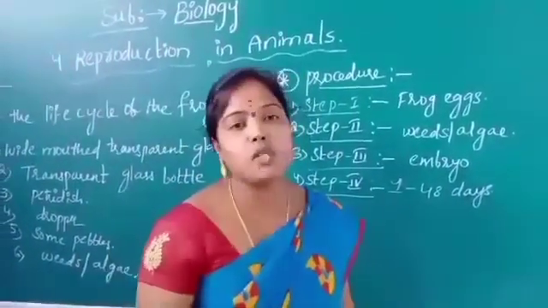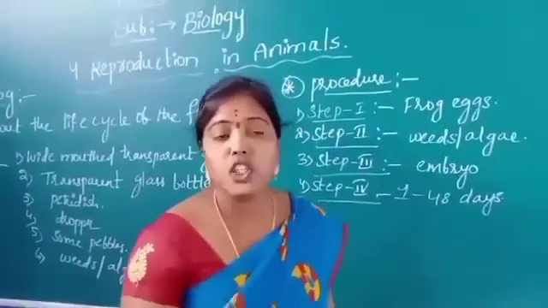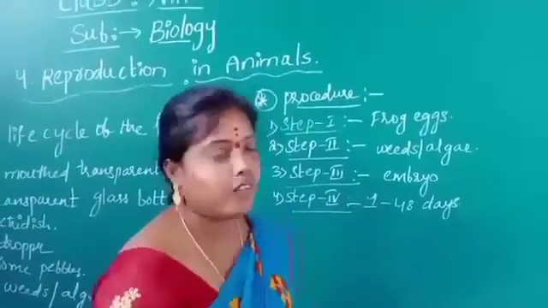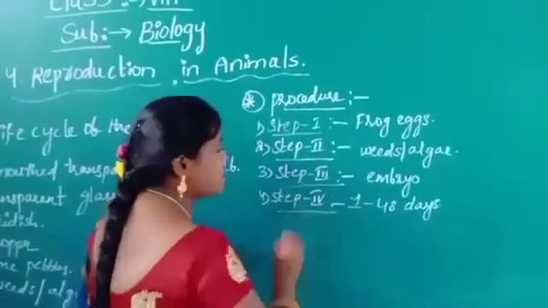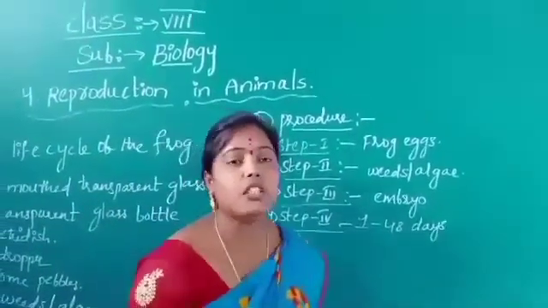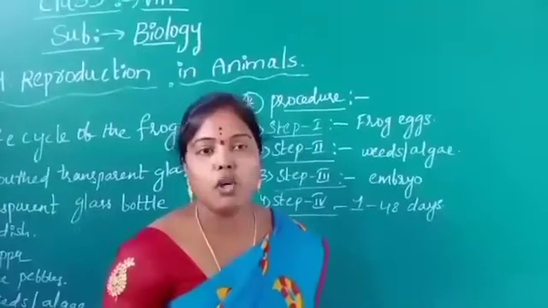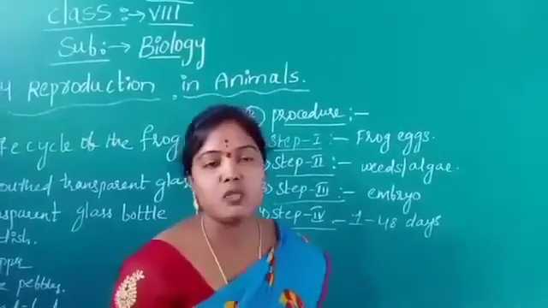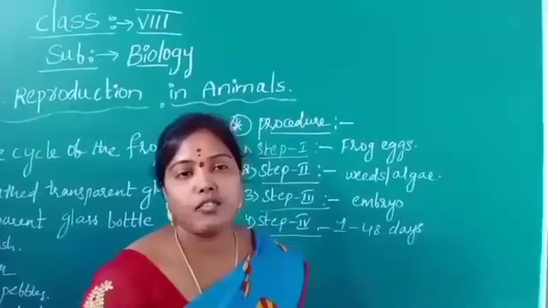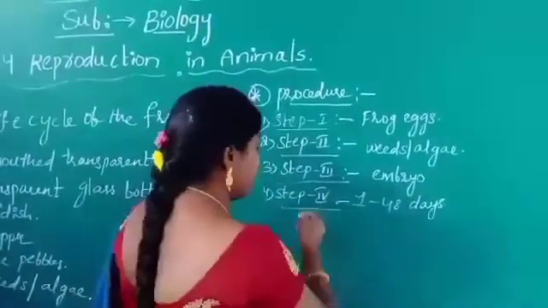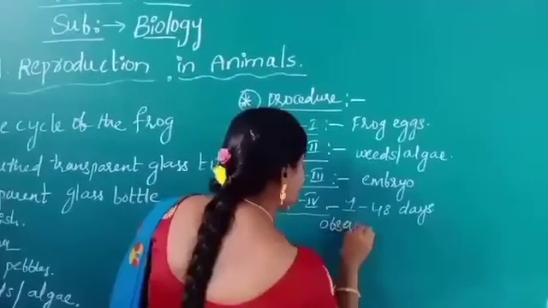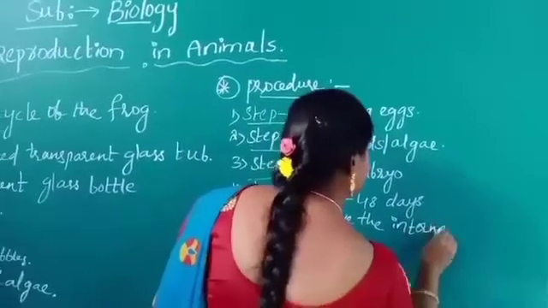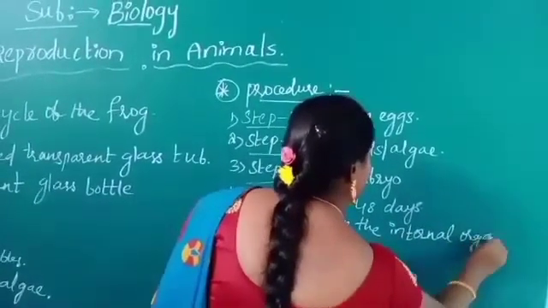In step 4, we will observe the hind limbs, forelimbs, intestine, rectum, heart. These are the body parts which are coming from the frog. So what is step 4? Observe the internal organs.